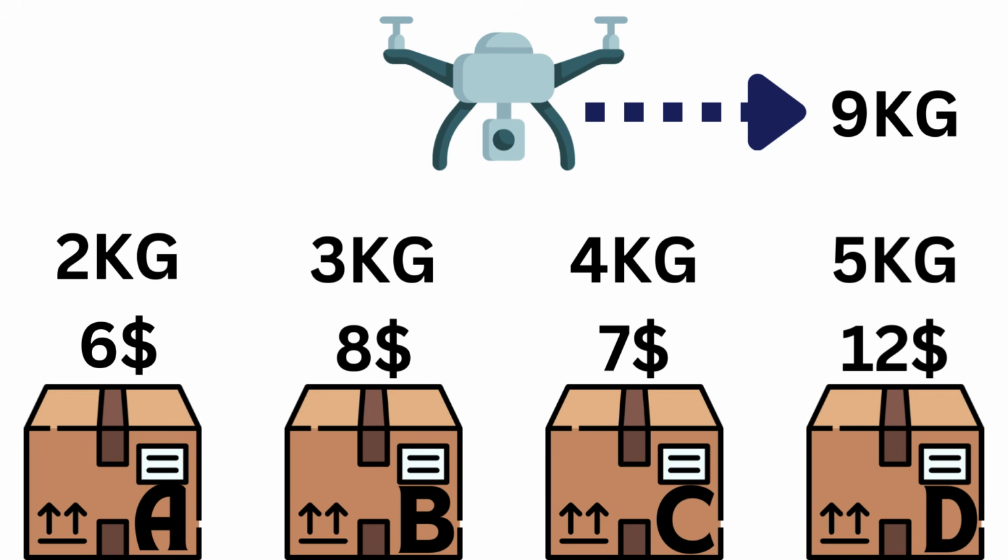Item B with weight 3 and value 8, item C with weight 4 and value 7, and item D with weight 5 and value 12. The drone has a strict weight limit of 9 kg, and the goal is to select the combination of items that stays within that limit while maximizing the total value of the delivery.